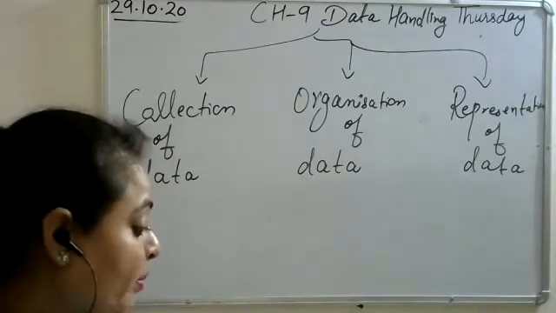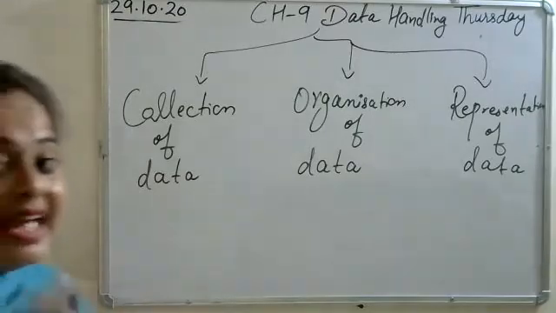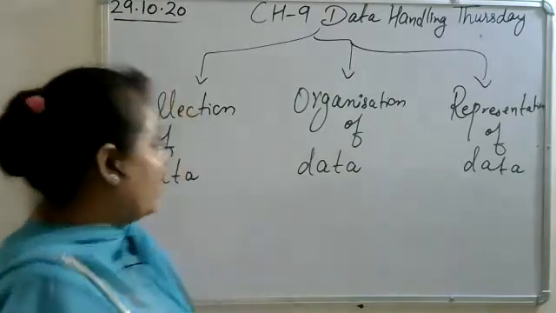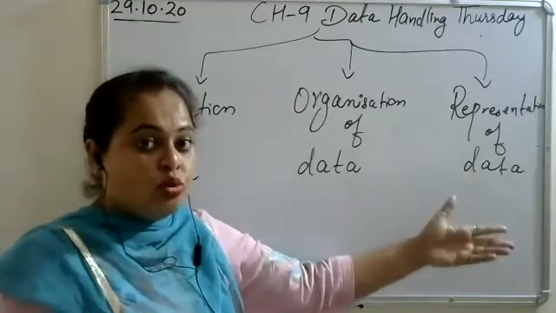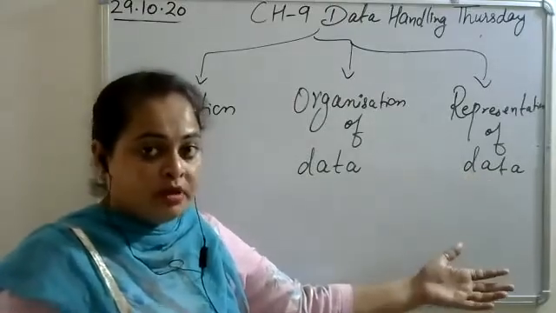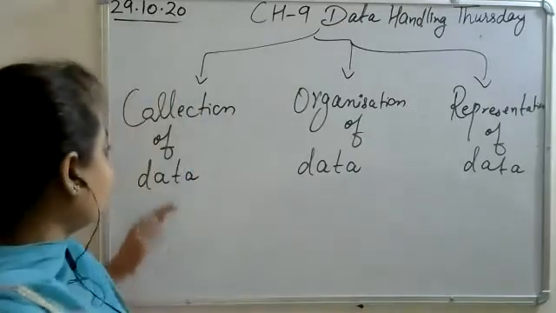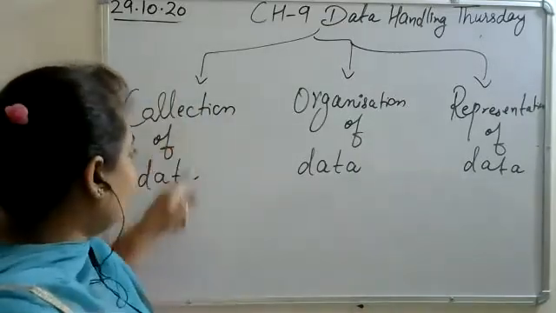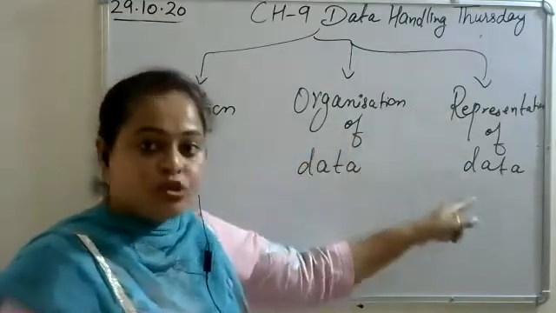Now students, from your daily life, from your school life, can you give one example which is based on these points? From your school, from your home, from your daily life, one example which is based on collection of data, organization of data, and representation of data.